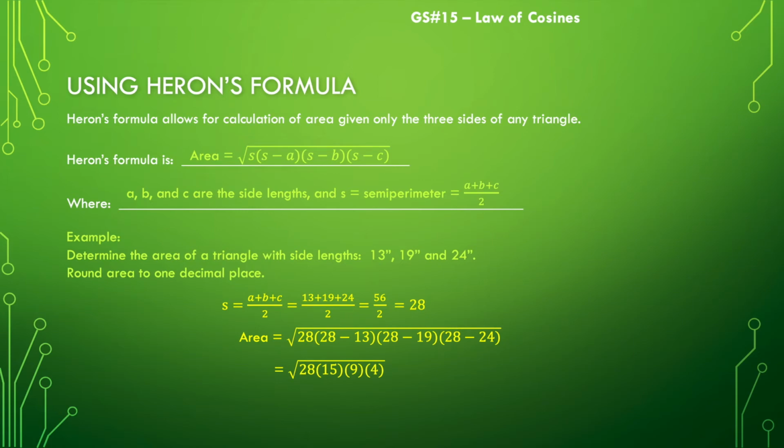Our area will equal the square root of 28 times 15 times 9 times 4. Multiplying those together, we get the square root of 15,120. Then we take the square root and get an approximation of about 122.96 square inches, which when we round to the nearest tenth is 123.0 square inches.